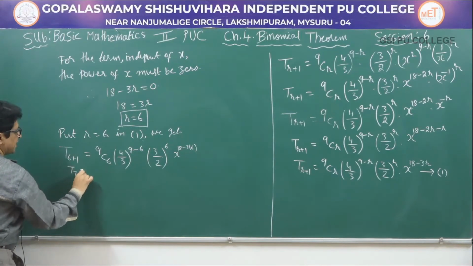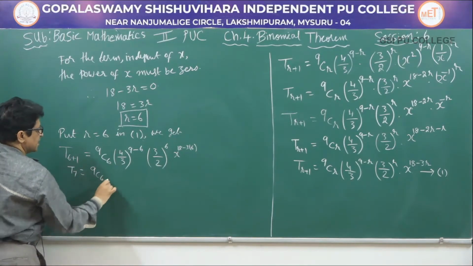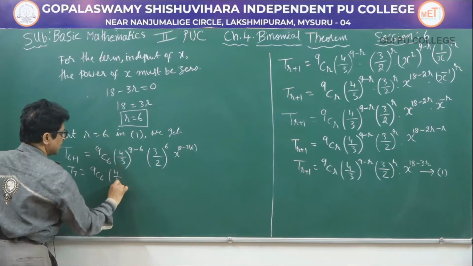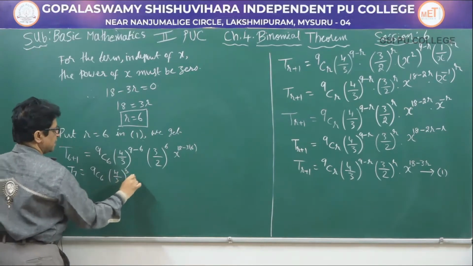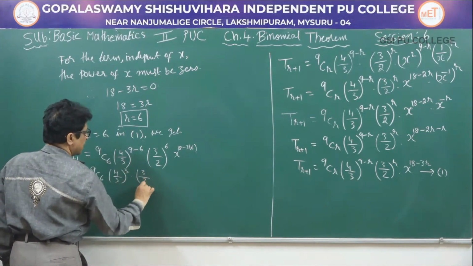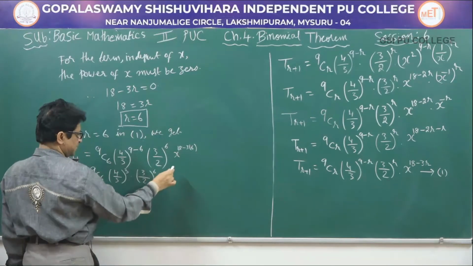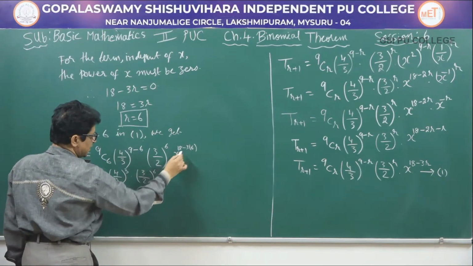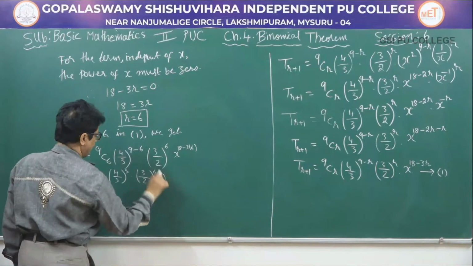So T7 is equal to 9C6 into (4/3)³ into (3/2)⁶. So 18 minus 18 is 0, and x⁰ is 1.